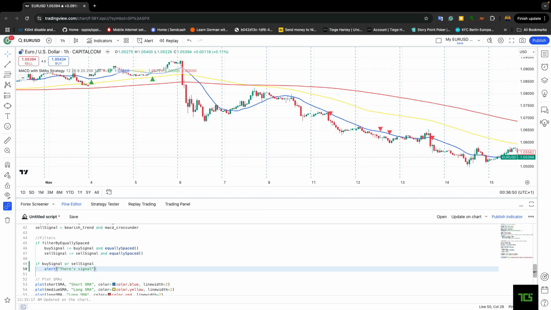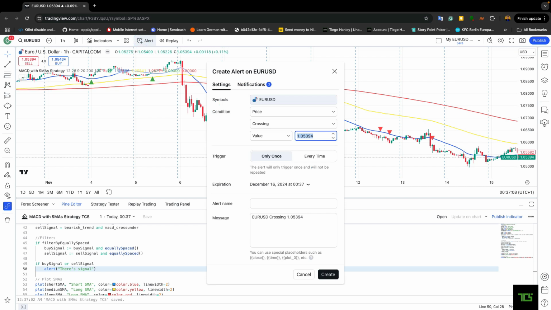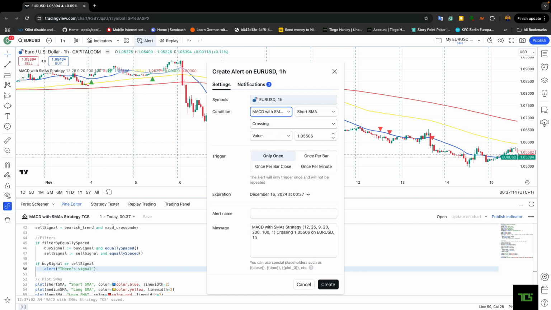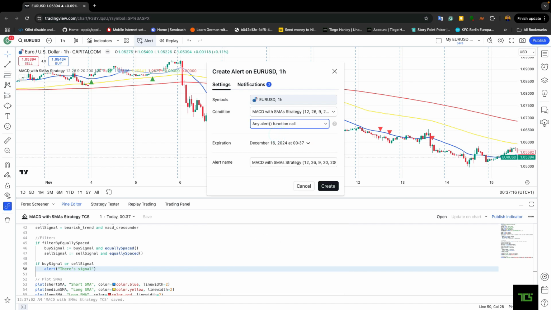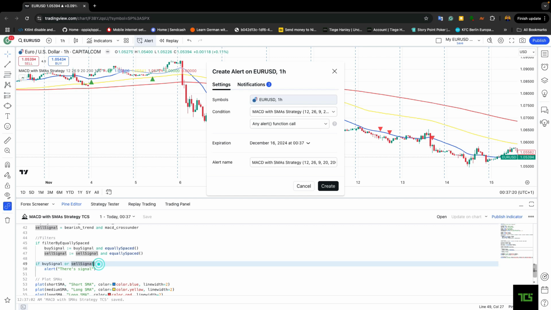Now that you have this kind of signal, you could just say create an alert, and the condition is that if any function call, of course you have to be careful about this and say if bar state is real time, be careful of this.